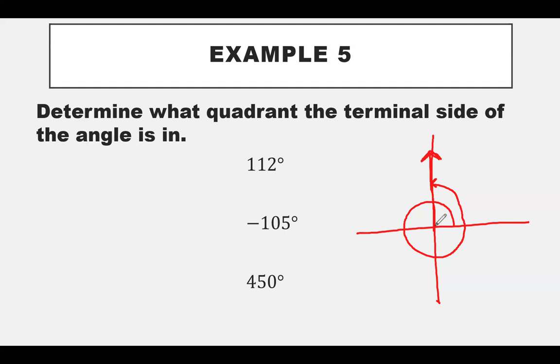If ever your terminal ray or terminal side of the angle lies on either the y-axis or the x-axis, then we're not in any quadrant. But 450 degrees goes one whole time around plus an extra 90. So the terminal side, terminal ray of that angle is the same as the terminal ray of the 90 degree angle.